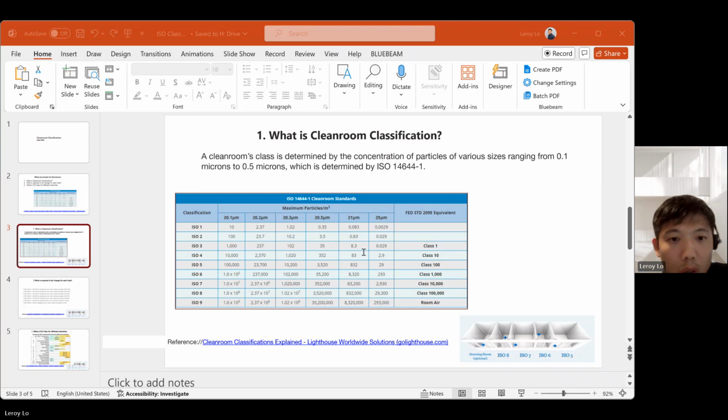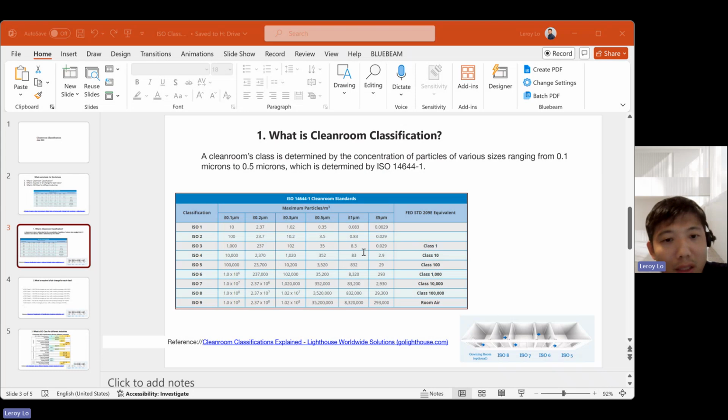A clean room class is determined by the concentration of particles of various size ranges, from 1 micron down to 0.5 microns, which is defined by the ISO standard 14644-1. One thing to point out is that most of the contaminants come from human beings, and those are pretty large particles, visible to the naked eye.